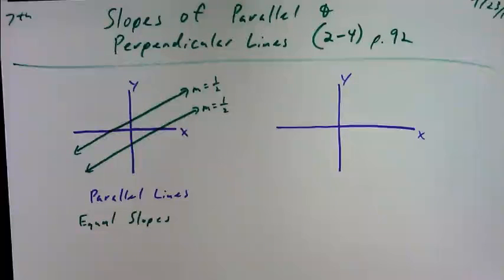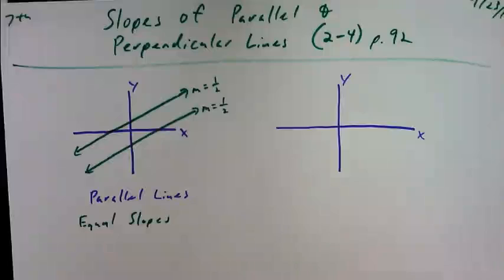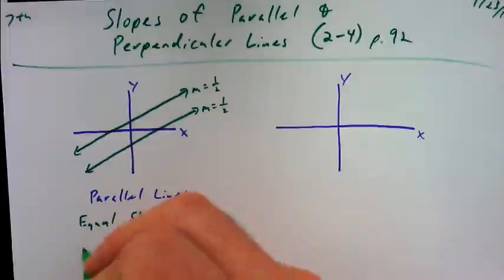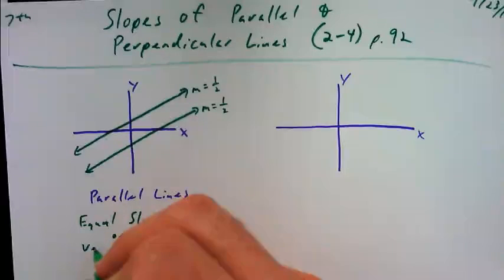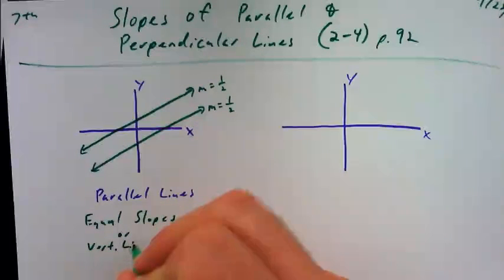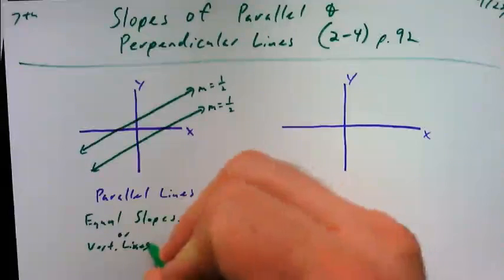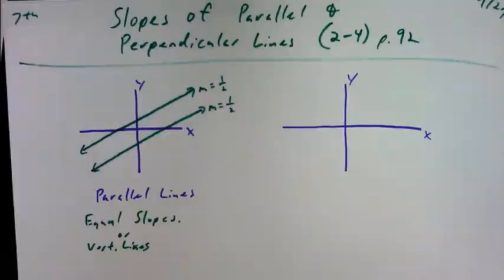But then there's a second line. Any two vertical lines are parallel. So we have to have either equal slopes or vertical lines. So either two slopes that are equal will make parallel lines, or two vertical lines.